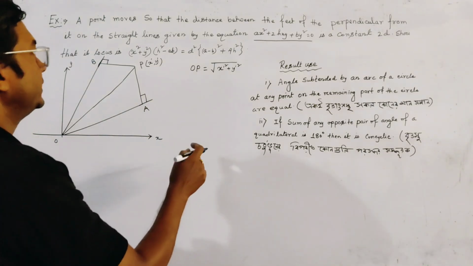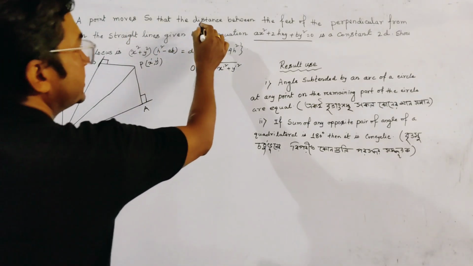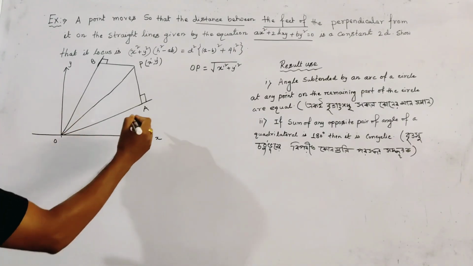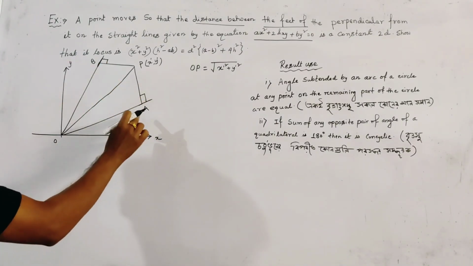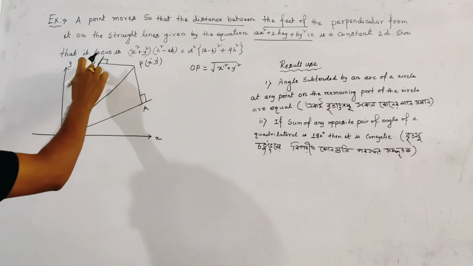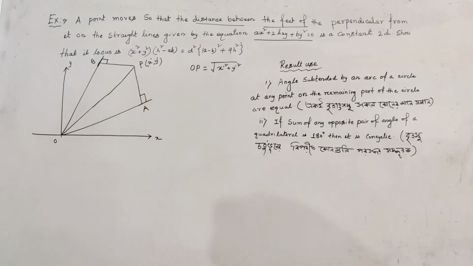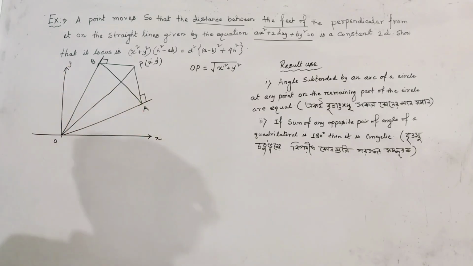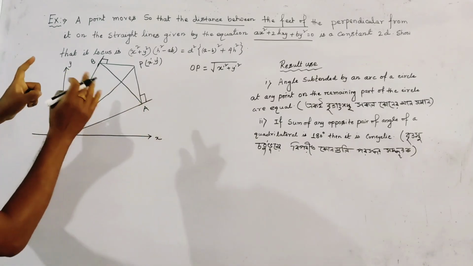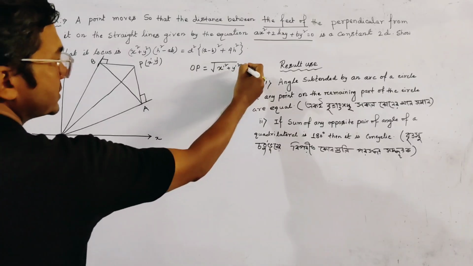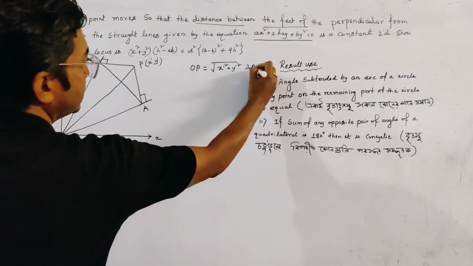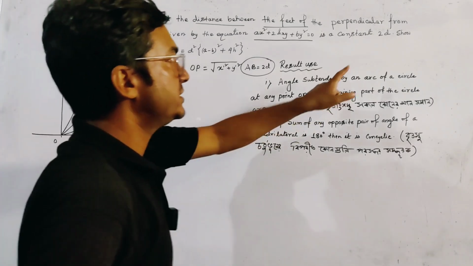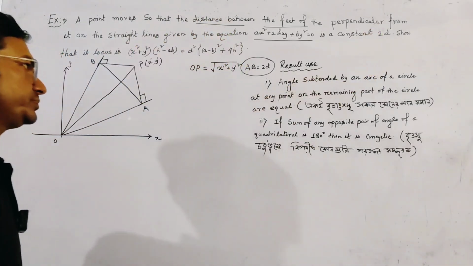And it is given that the distance between the feet of the perpendiculars, here A and B, is a constant. So we join AB, and it is given that AB is equal to 2d.